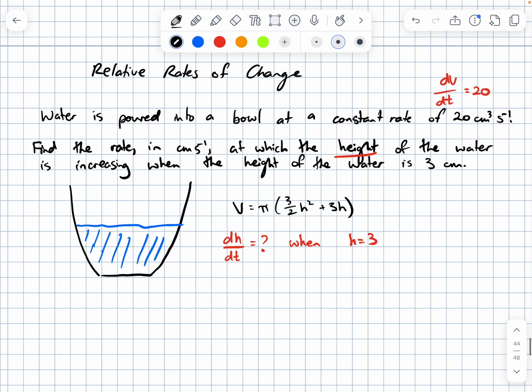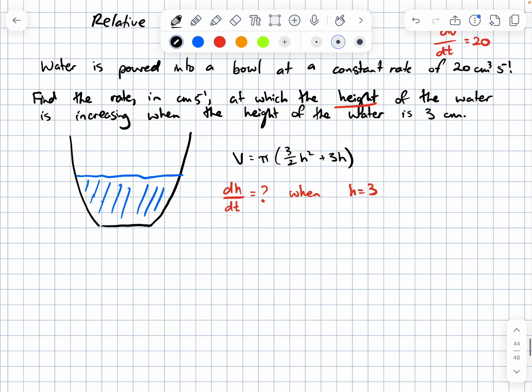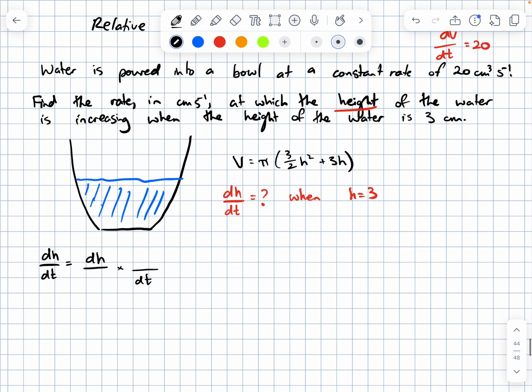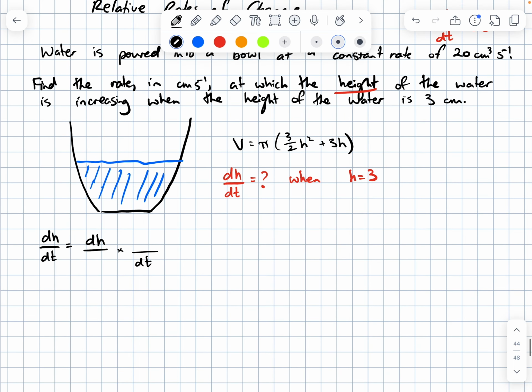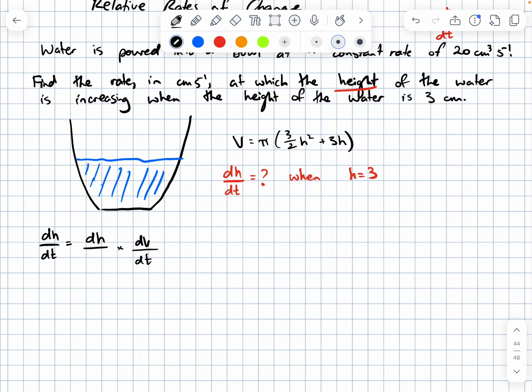And this is where the form dH dt as opposed to H dash has its advantages, because we can say dH dt is, well, that's going to be equal to dH over something times something over dt. And as long as those two current blanks are the same, they will cancel with fraction multiplication and we'll get dH dt. Now we already are told dV dt, so let's try and substitute dV into this too.